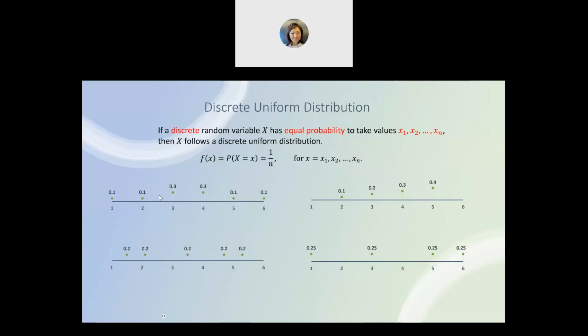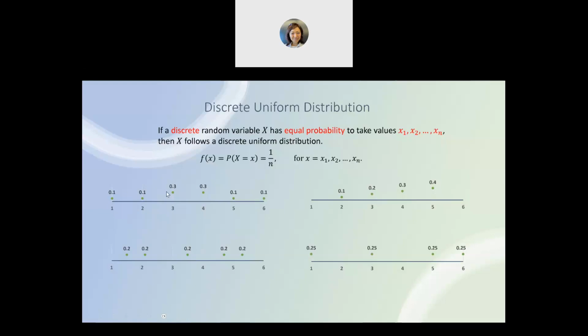So you need to look at the dots, whether they are on the same height. Meaning, if the probability mass function remains a constant, it's uniform. It's not here. So x here can have 0.1 probability to be 1, 2, 5, or 6, but 0.3 probability to be either 3 or 4. Again, another reminder, the values of your probability mass function have to add up to 1.